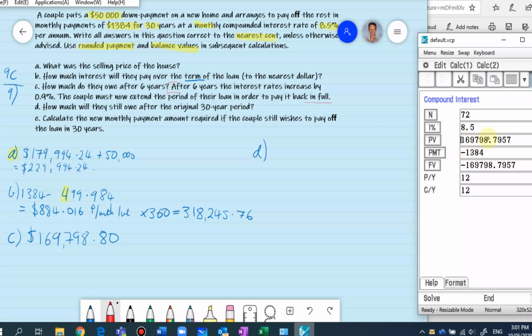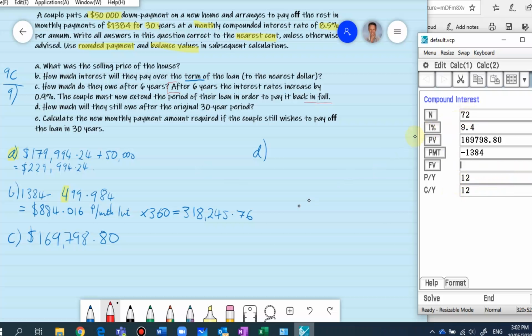That negative is gone there, and we're told in the question to use rounded payments and balance values in subsequent calculations. So we're going to change that to our 80 cents. We're told that it goes up by 0.9%, so it is now at 9.4%. And payments stay the same. Future value we're not sure of. That's what we're going to solve for in a moment.